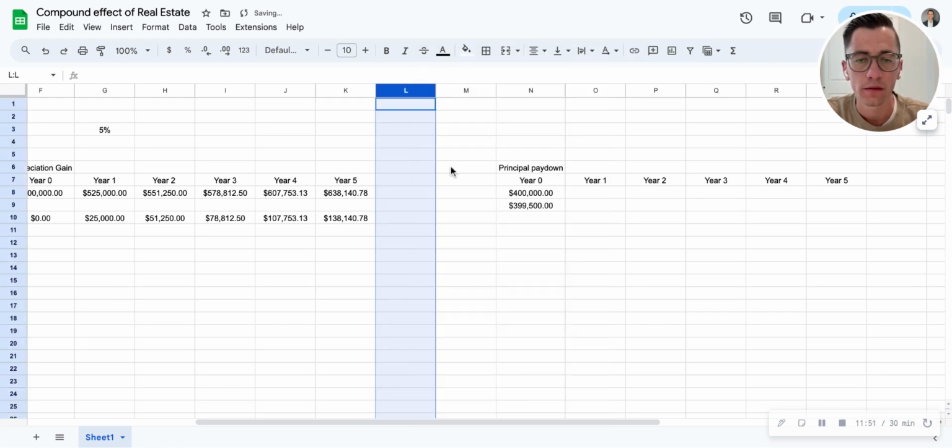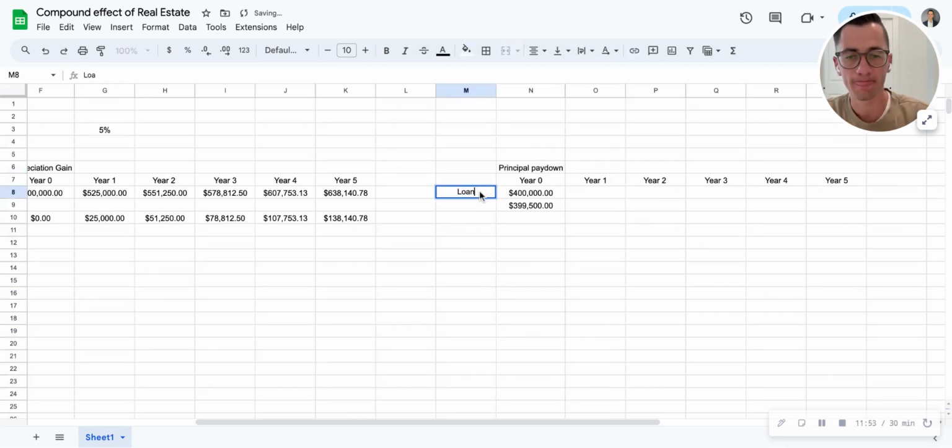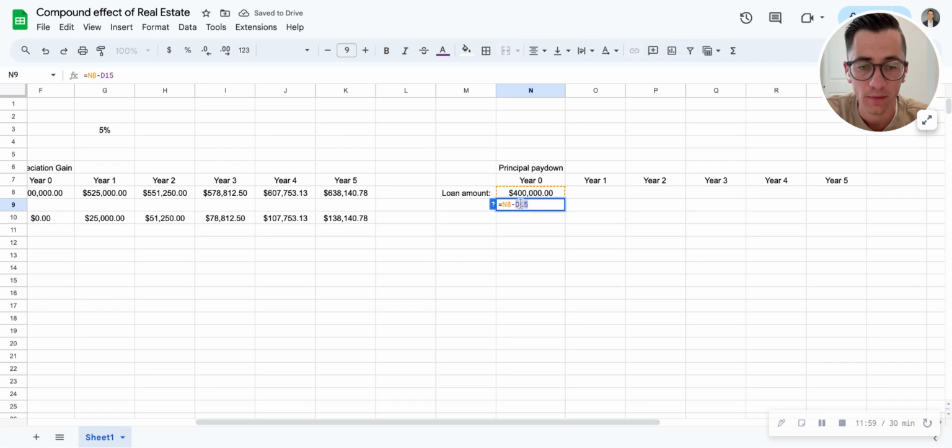So we'll go loan amount. After the entire year, you get that amount: how much you owe minus your $500 that goes towards principal times the 12 months, because that's a monthly amount that you're paying. Just to break that down, 500 times 12, $6,000 goes to principal pay down.